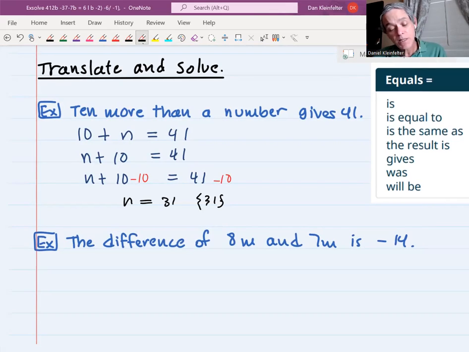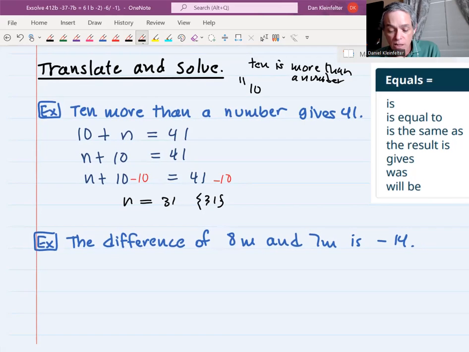Before we proceed, I did want to mention here where it says 10 more than a number, I translated that as an addition. The phrase "10 is more than a number," when the word "is" is in there, makes it a relational statement.